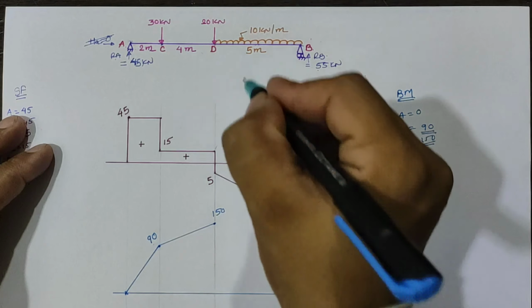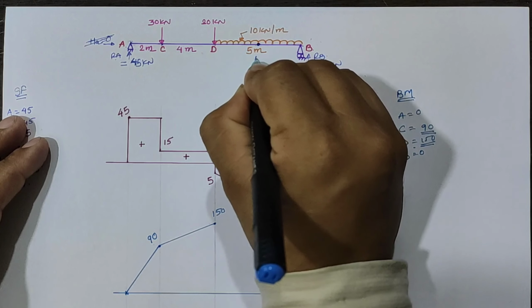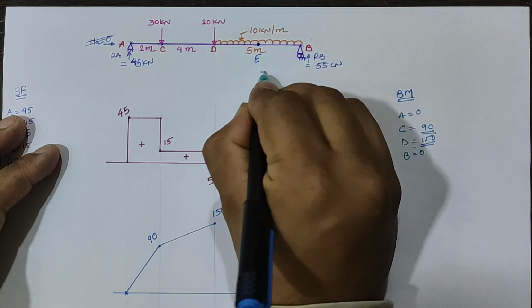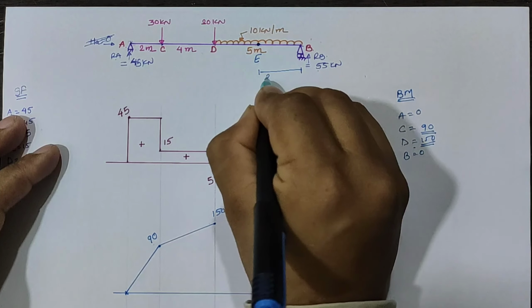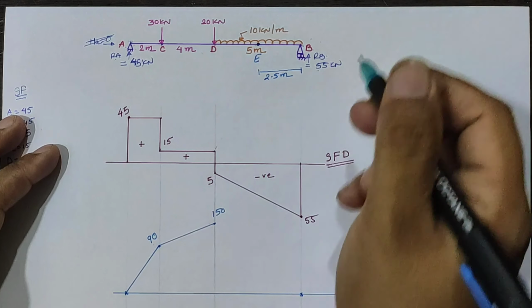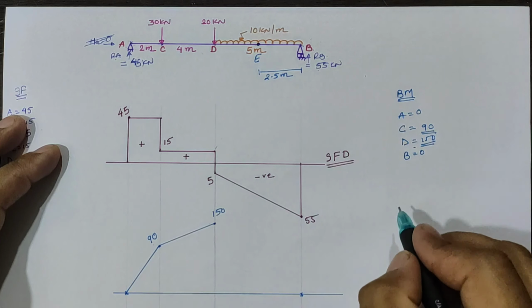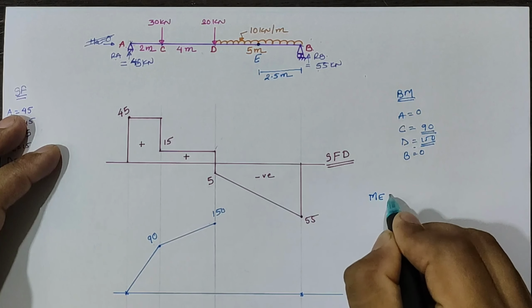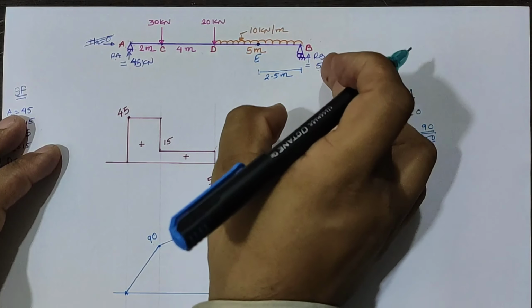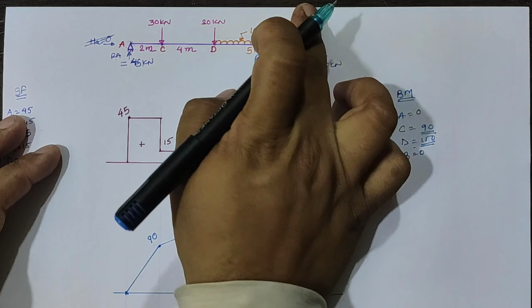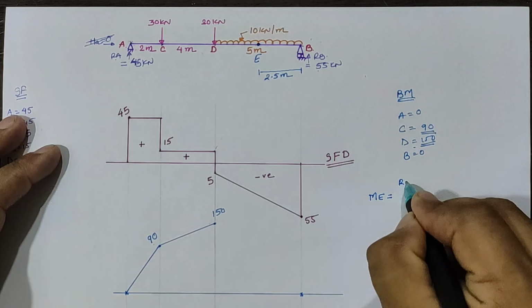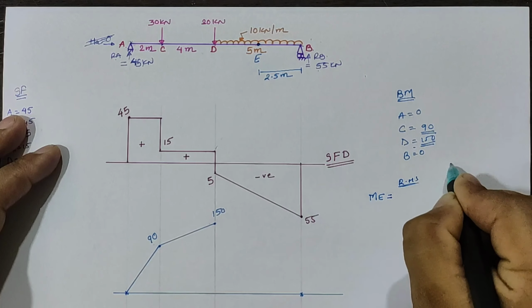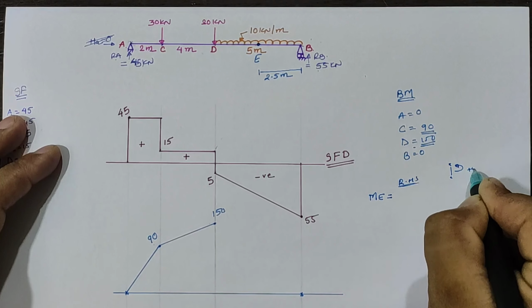So let us assume the point exactly in between D and B as point E, having a length from B of 2.5 meter. Then if we calculate from the right hand side of point E, the moment at E must be equal to 55 into 2.5 anticlockwise moment, and for the right hand side anticlockwise moment is positive.